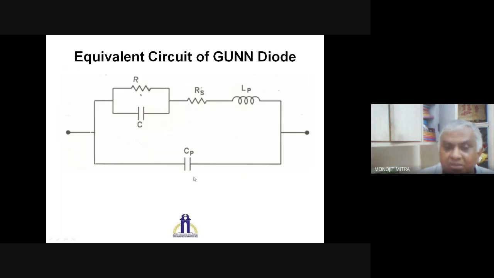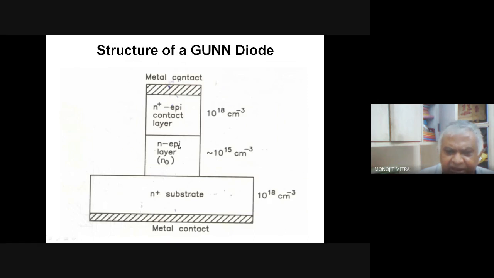And now the equivalent circuit. So if you consider the N region, within this N plus, N, N plus region, you will find that it is a semiconductor material. A semiconductor is not a perfect conductor, so you will find some resistance.